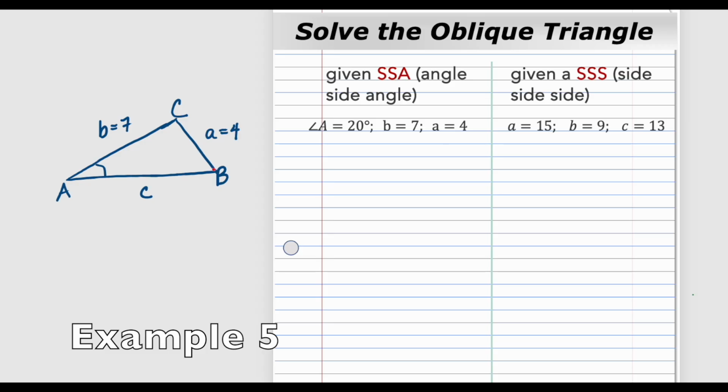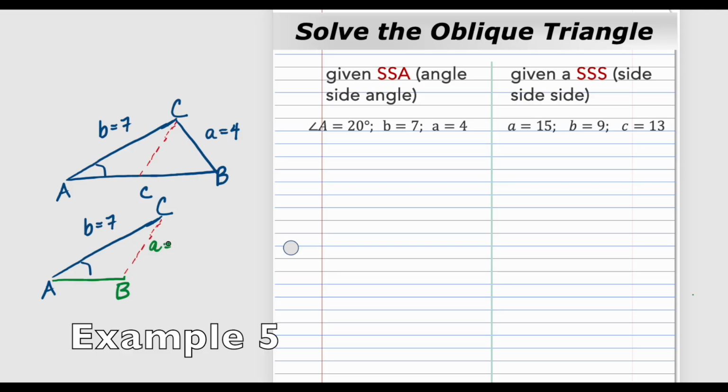Another situation that could exist, if you think about it, imagine that this side length CB swung over to right here. Can you see there's a situation where we might have a triangle that looks like this, where angle B is bigger than 90 degrees.